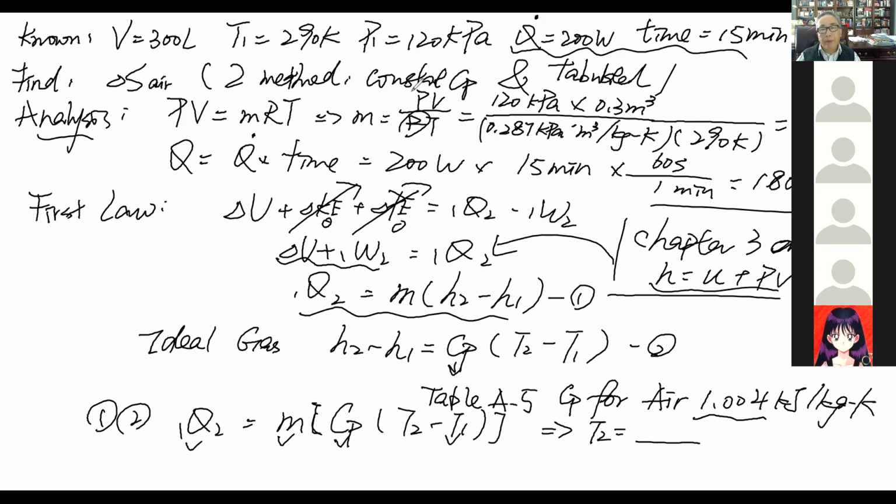And then to calculate delta S, we use the equation from the PowerPoint for chapter 6. Delta S is M times Cp0 ln(T2 over T1) minus R ln(P2 over P1).